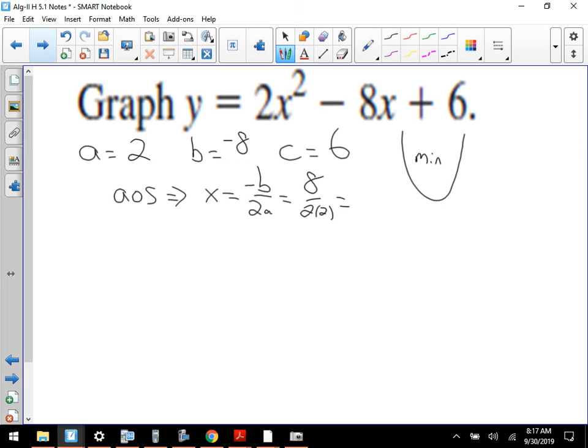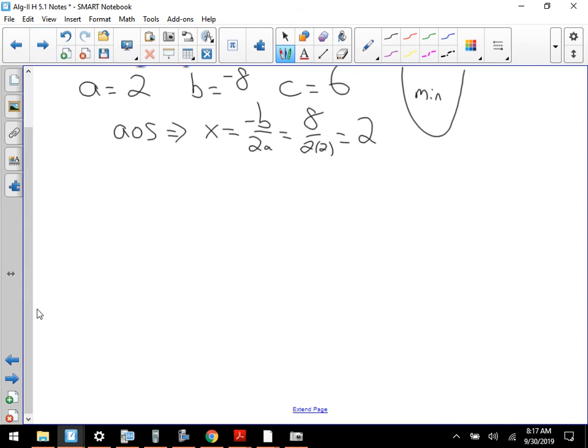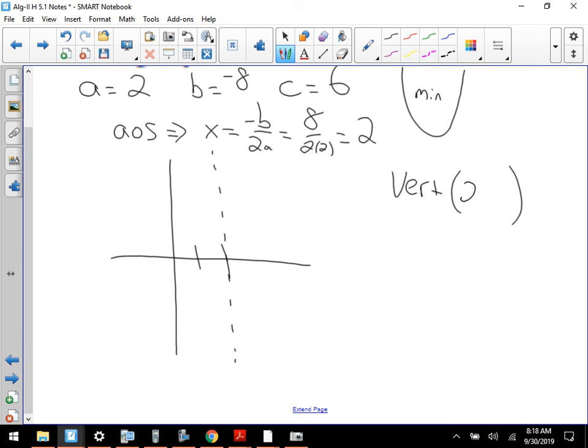You're right, 2 times 2 is 4, so 8 divided by 4 means that the x coordinate of my vertex is at 2. So we know how to start. My vertex is going to be 2 comma something. Well, how do we figure out the something?